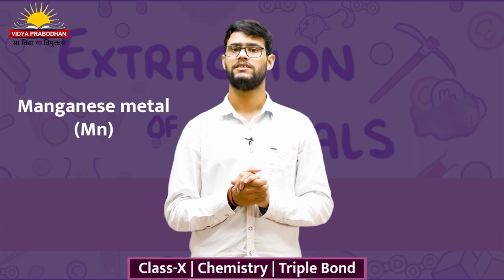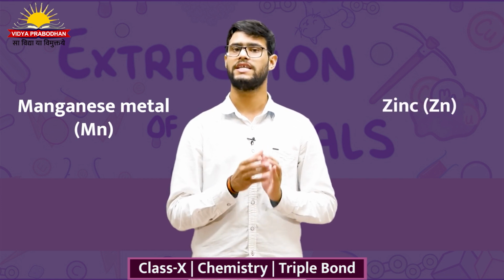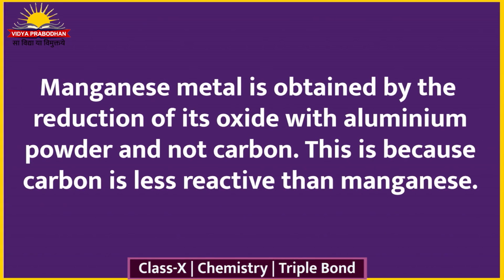Manganese metal, that is Mn, lies just above zinc, that is Zn, in the reactivity series. Manganese metal is obtained by the reduction of its oxide with aluminium powder and not carbon. This is because carbon is less reactive than manganese.